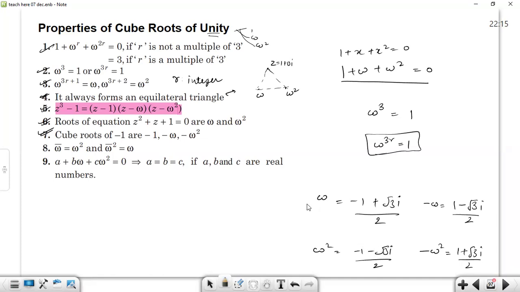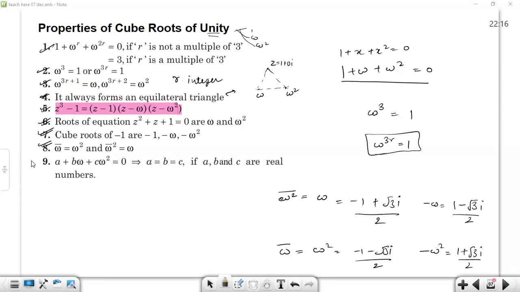If its sign changes, then it can be written as omega square. So this is the conjugate of omega. And if we take the conjugate of omega square, then this particular sign will become positive, and hence the conjugate of omega square can be written as omega. So this is that property. If you have any doubts, please ask at any point of time.